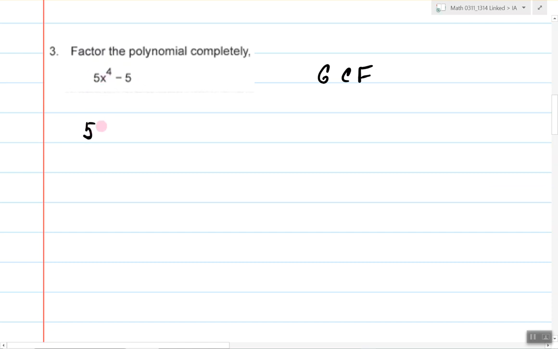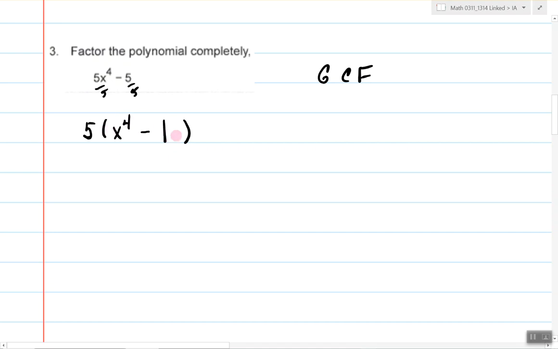So I will factor out a 5. Divide by 5. Divide by 5. That leaves me with x to the 4th minus a 1. I see a binomial. X to the 4th, because the exponent is even, is a square. 1 is a square.